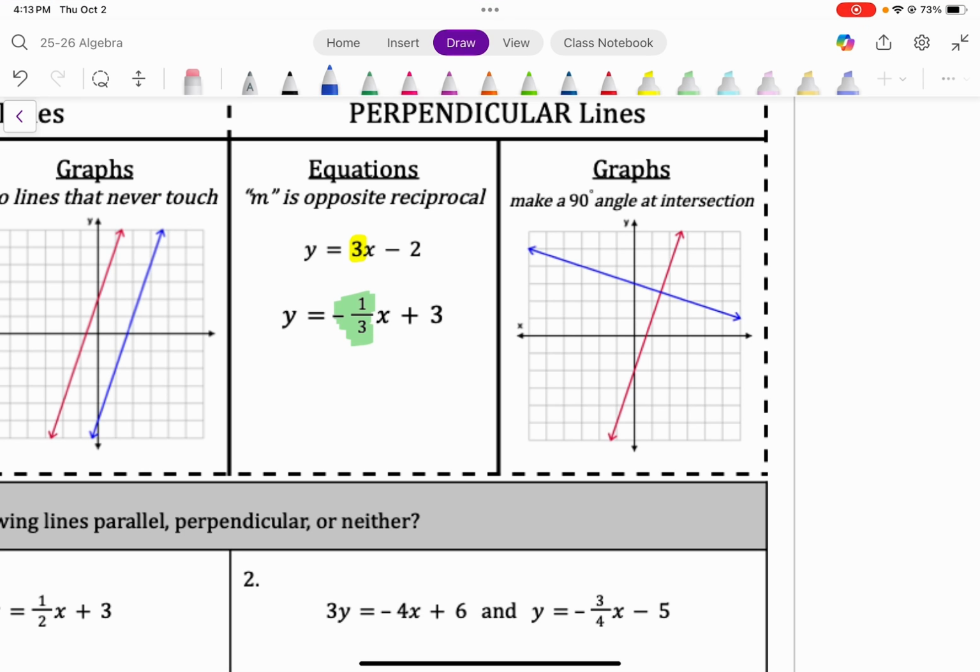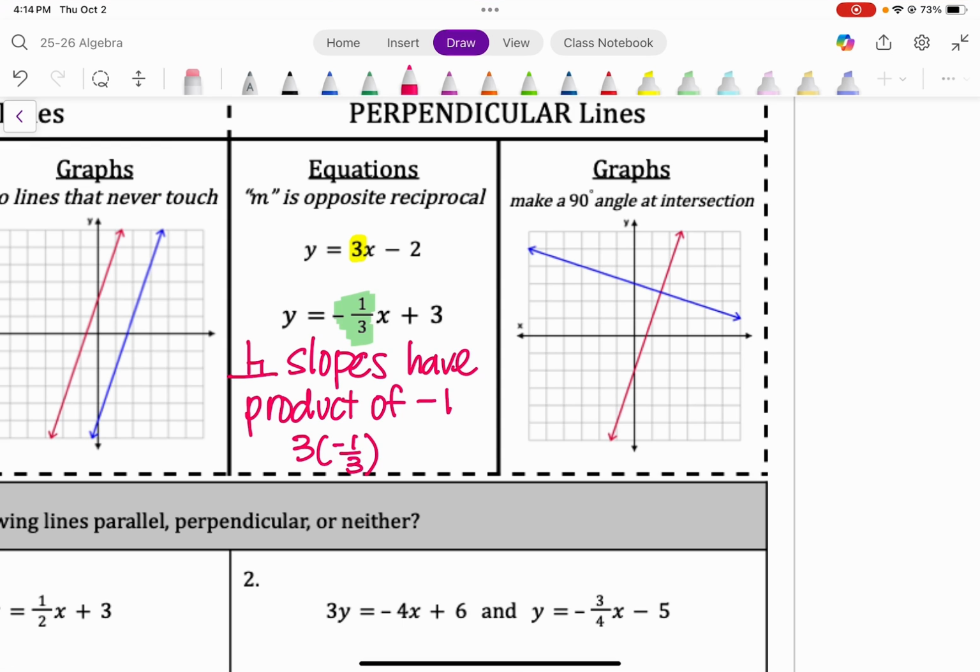That means one's positive, one's negative. And we can also say that the perpendicular slopes, so here's the symbol for perpendicular, have a product of -1. So if I took 3 times -1/3, the product would be -1.